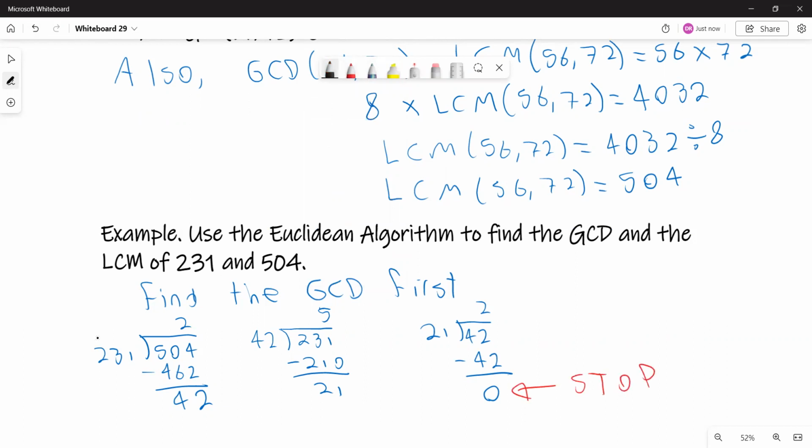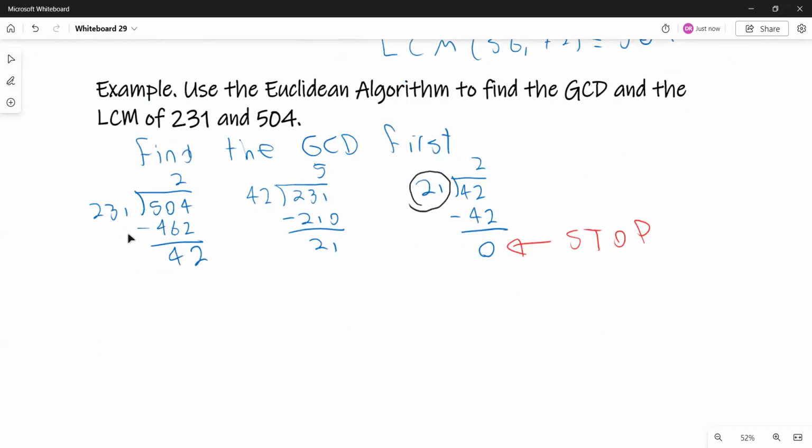And the greatest common divisor is going to be the last divisor. Okay, so the greatest common divisor of 231 and 504 is 21.